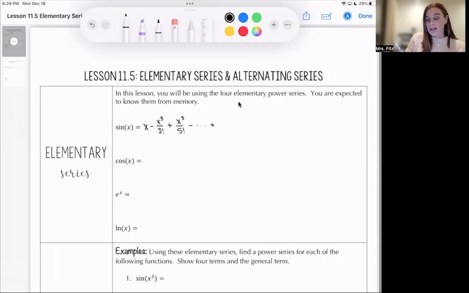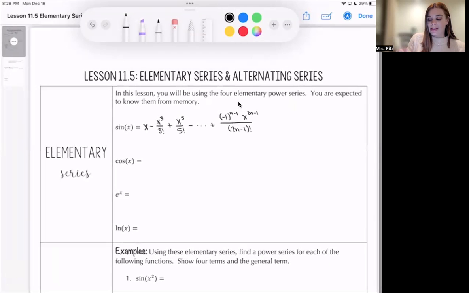Remember, this alternates, so we can write this in a number of different ways, but the way I'm going to write it is -1 to the n minus 1 times x to the 2n minus 1 all over 2n minus 1 factorial.